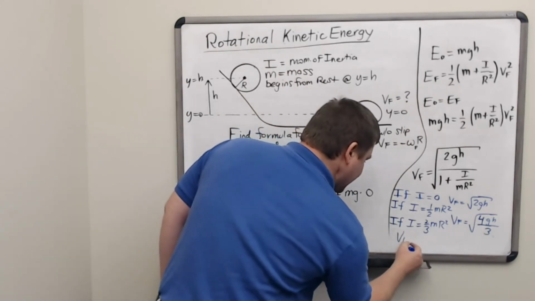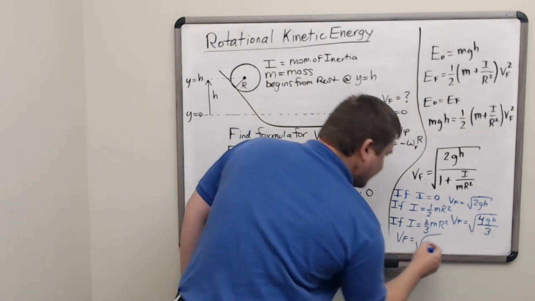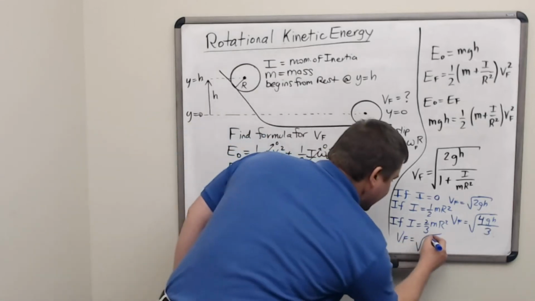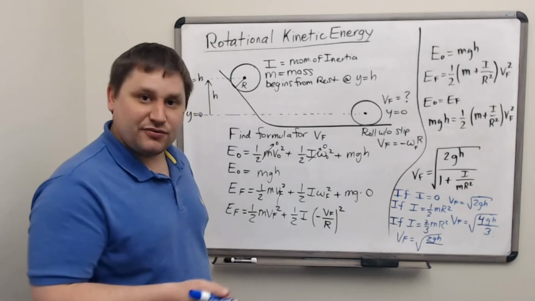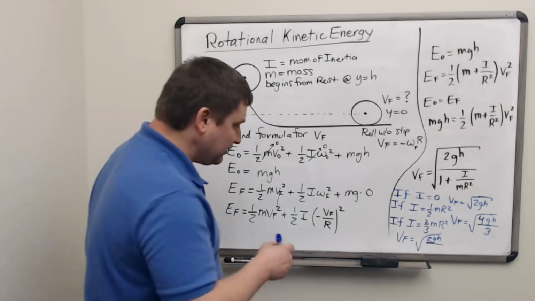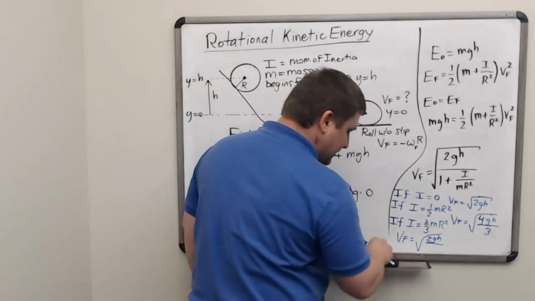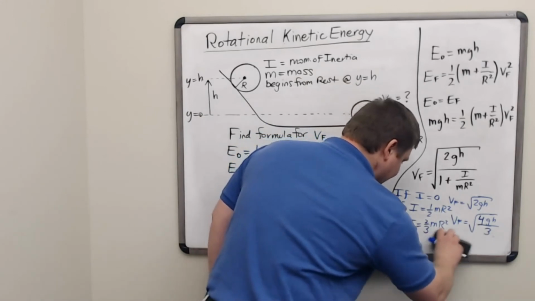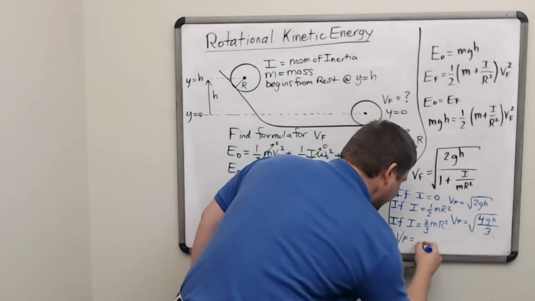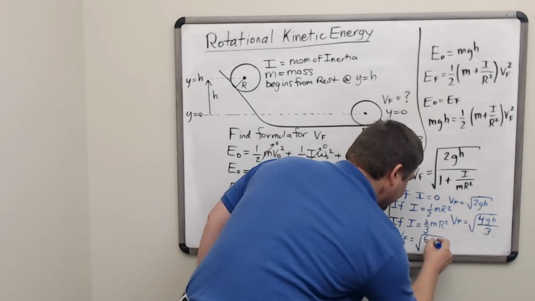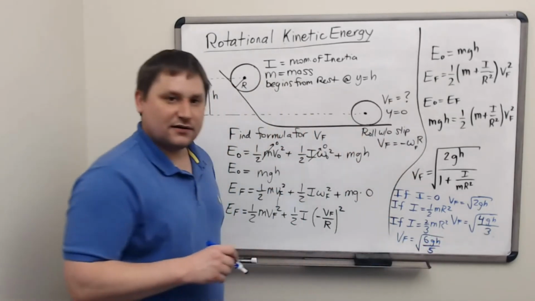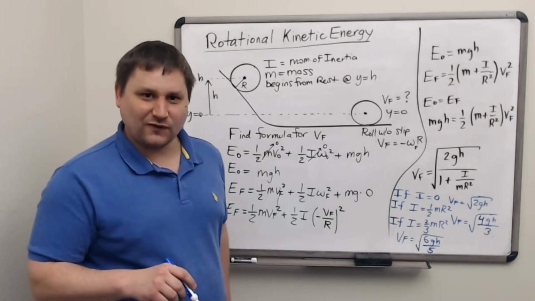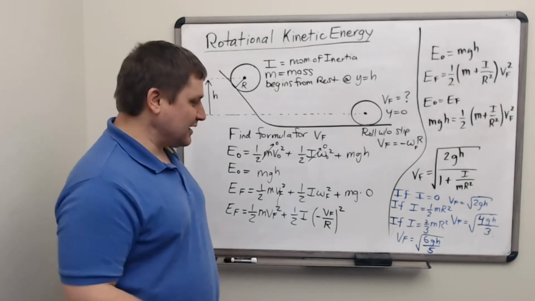So there we would get a final velocity of the square root of 2gh divided by 1 plus 2/3. 1 plus 2/3 is 5/3. So if we simplified that, we would actually get a final velocity of 6gh over 5 under the square root. Sort of a weird fraction, but that's what comes out.